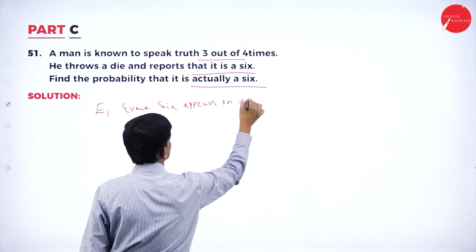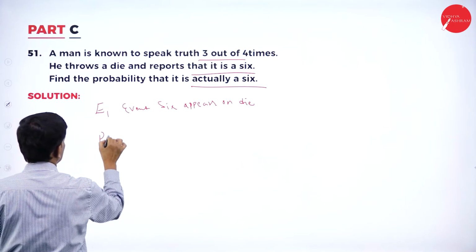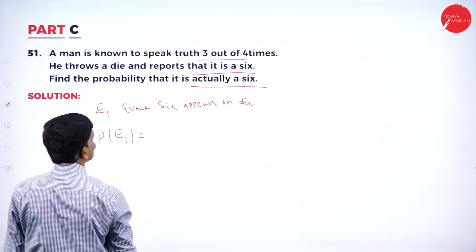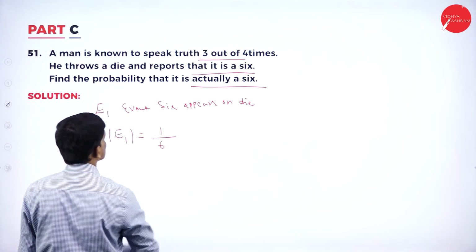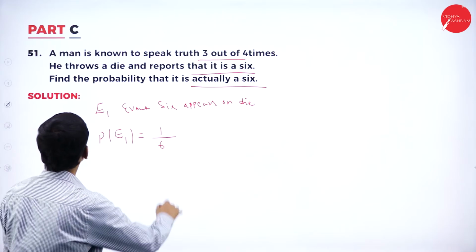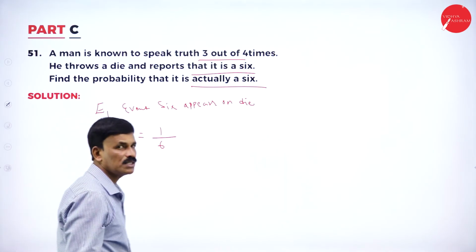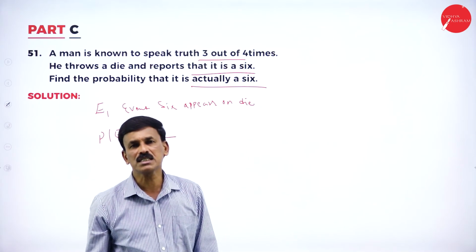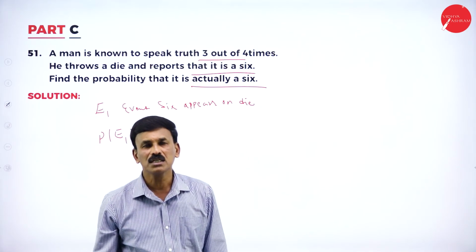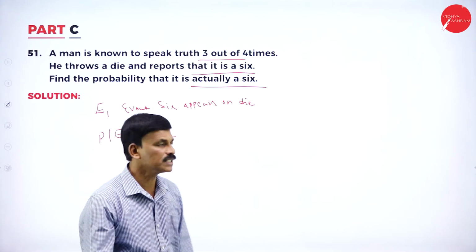Therefore, probability of E1 is equal to 1 divided by 6, because he throws a die and reports it as a 6. Now let us define E2 as the event that 6 does not appear on a die.